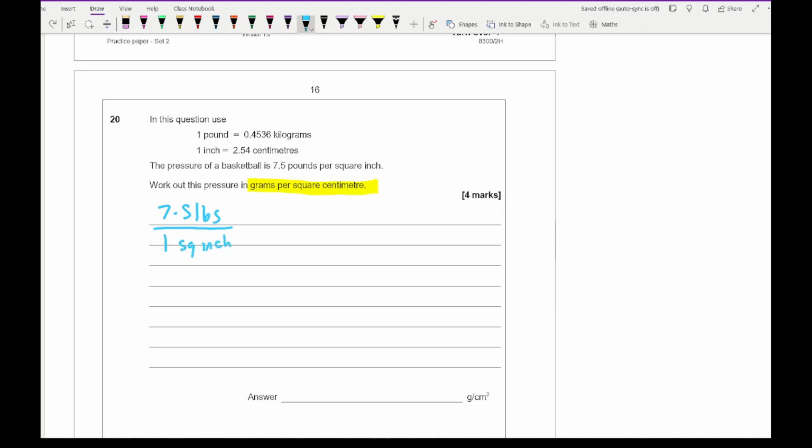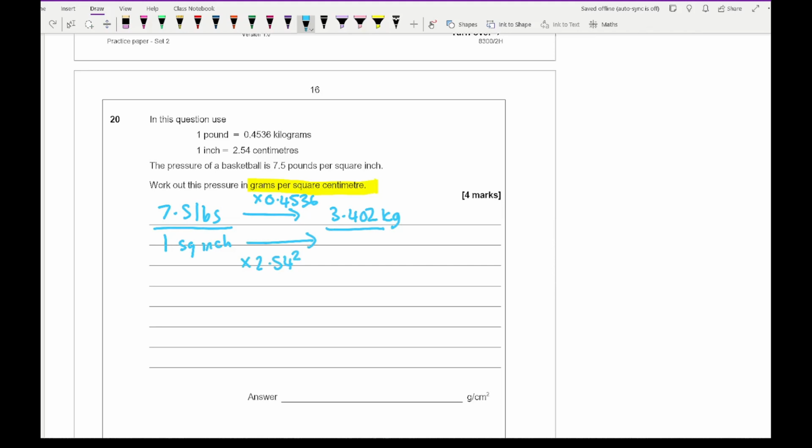So to convert the pounds into kilograms, I need to multiply that by 0.4536, which then gives me an answer of 3.402 kilograms. And over, in terms of square inches, I need to multiply that by 2.54 squared because it wants centimetre squared.